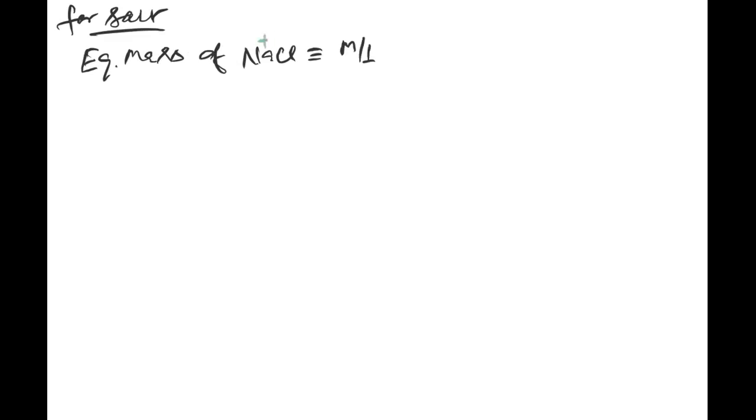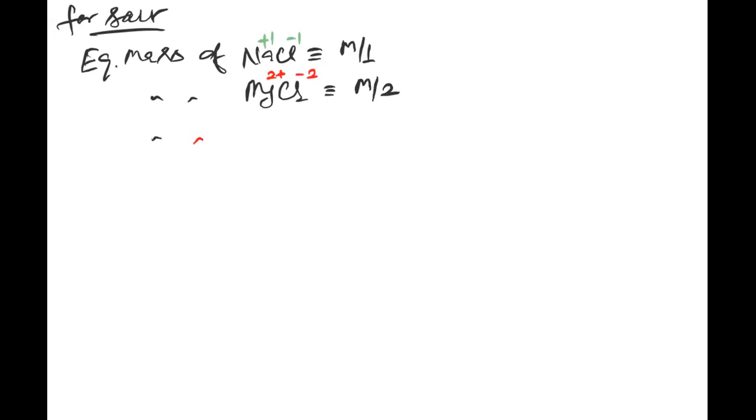Either you can say it is +1 or you can say it is -1. Same, let's say equivalent mass of magnesium chloride. Total charge on magnesium is +2, and for 2 chloride ions it is the same as -2. So it is going to be M divided by 2.